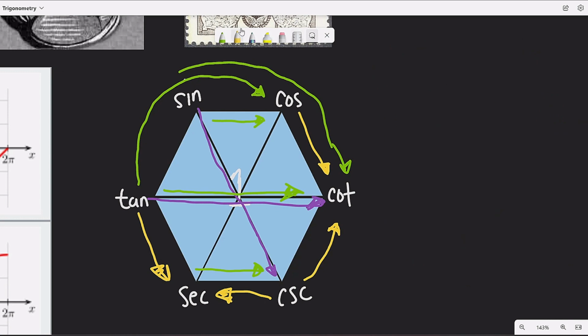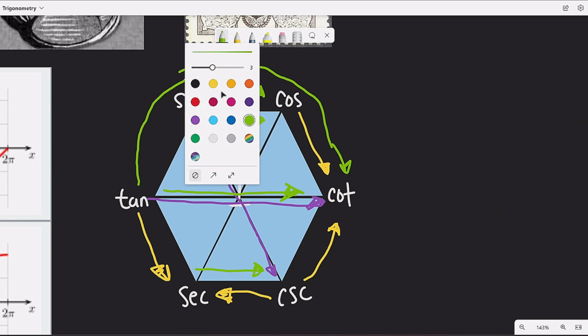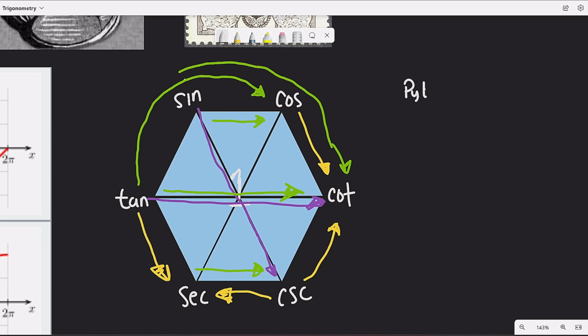We have the invaluable Pythagorean identities. For these, we want to draw like a curvy arrow, just like this, in 3 spots.